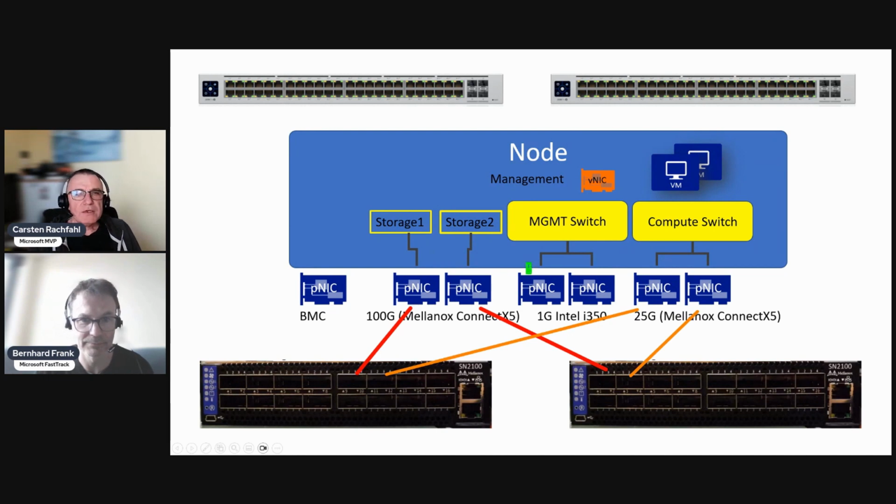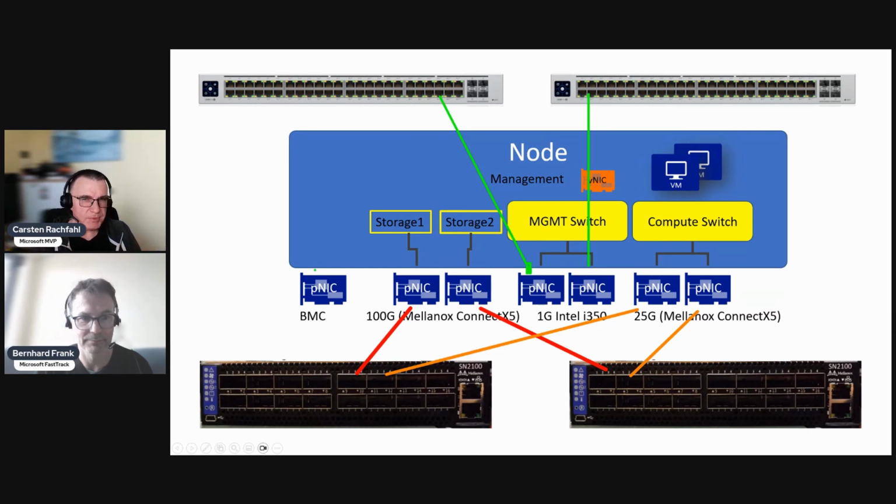So, and now we have the gigabit adapters. They are connected to Ubiquiti switches. I have Ubiquiti for the other stuff here, and some of you would say that is not enterprise grade. I agree, but we are a company with a lot of hardware, but here I don't use Cisco or Aruba or whatever switches.